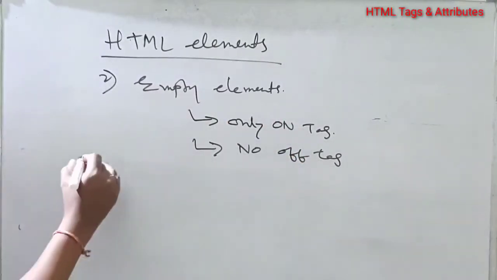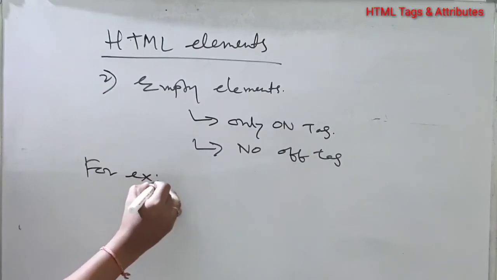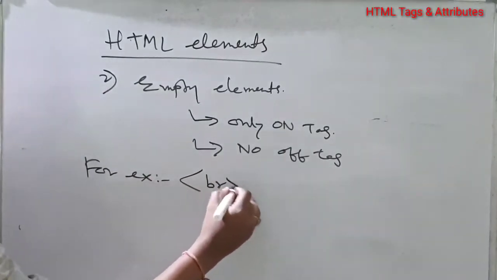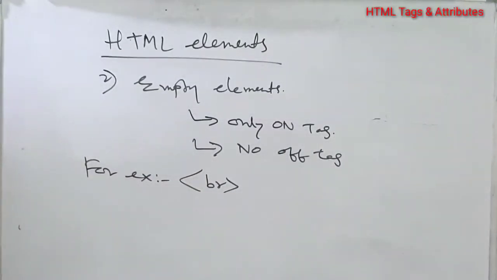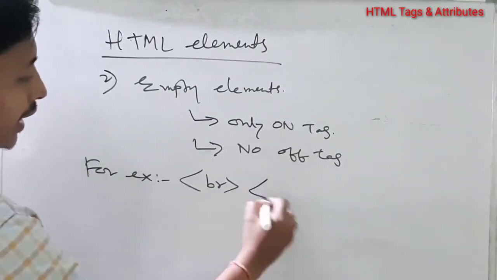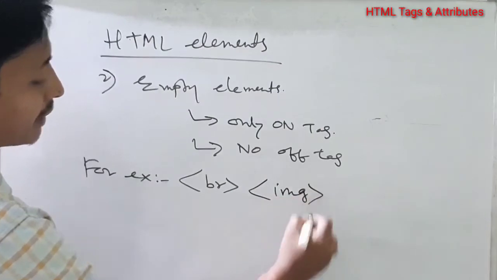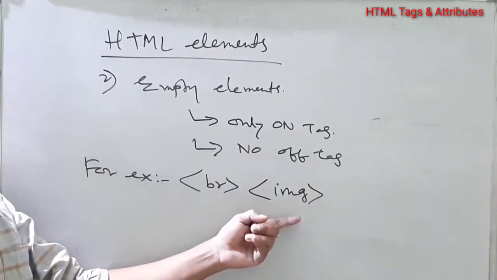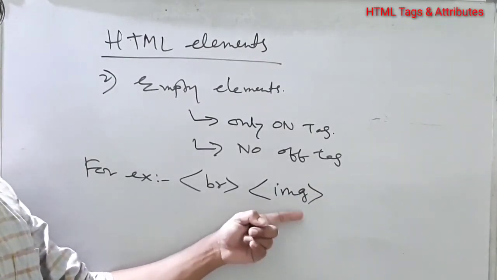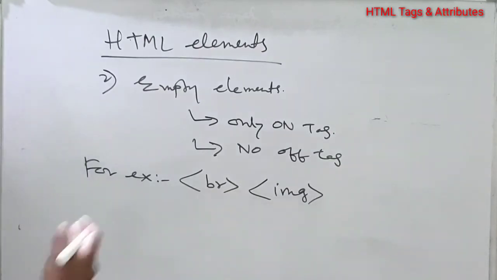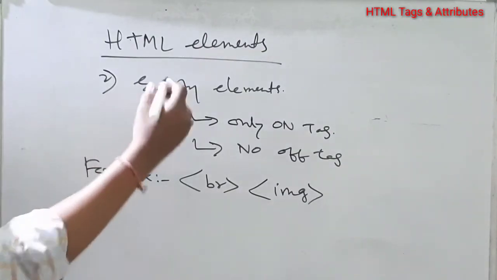For example, BR tag. BR means break the line and create a new line. Then IMG, image. If you want to insert an image, then you have to write IMG. So these are called empty elements.